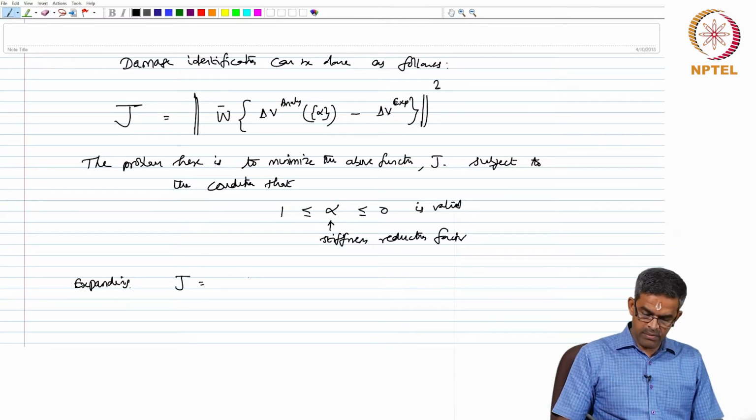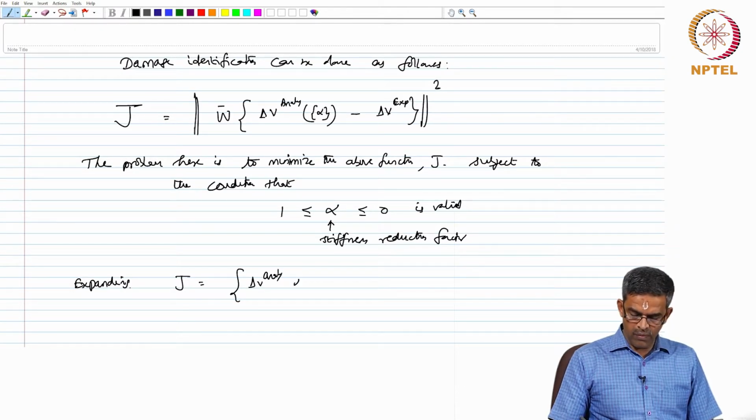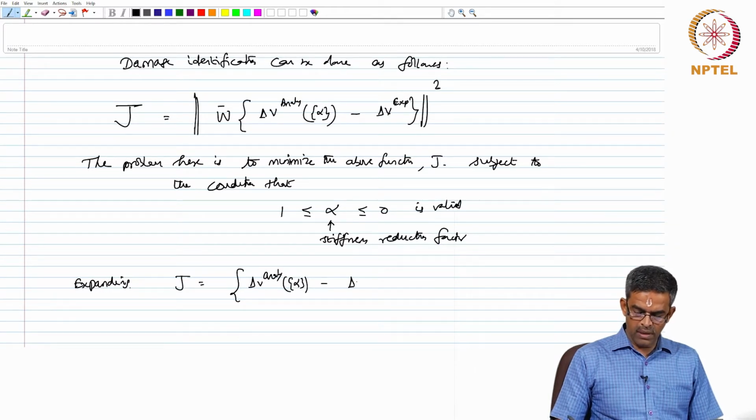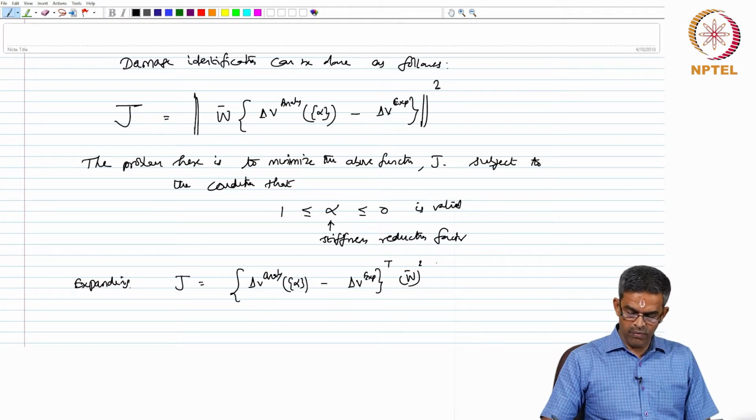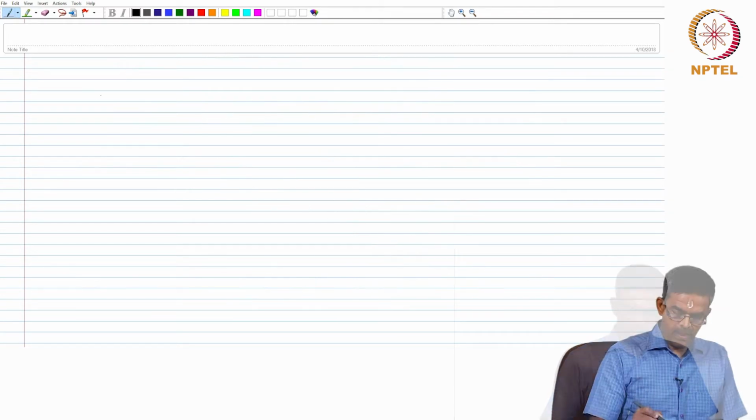Therefore, expanding, J will become delta V analytical of alpha minus delta V experimental, the transpose, W bar square of delta V analytical of alpha minus delta V experimental.